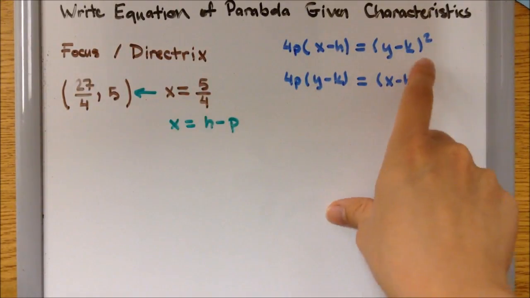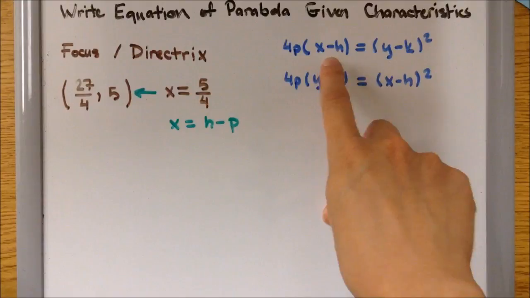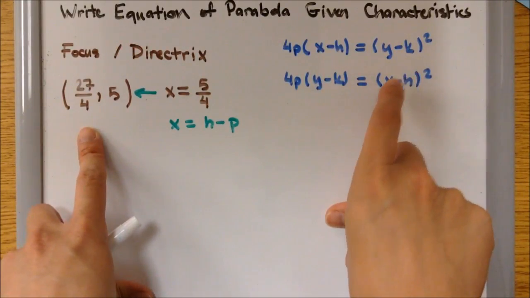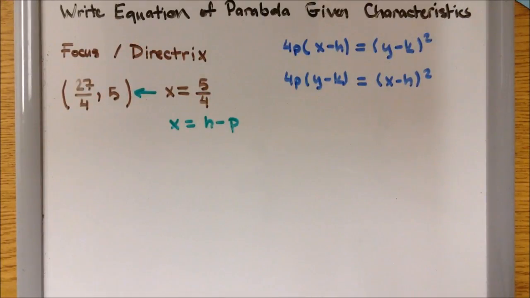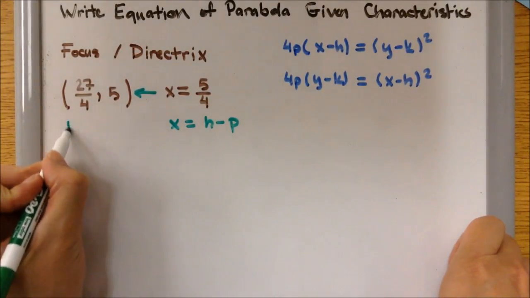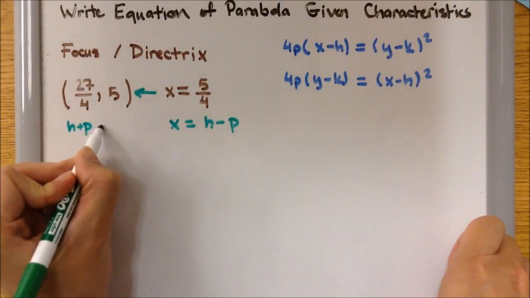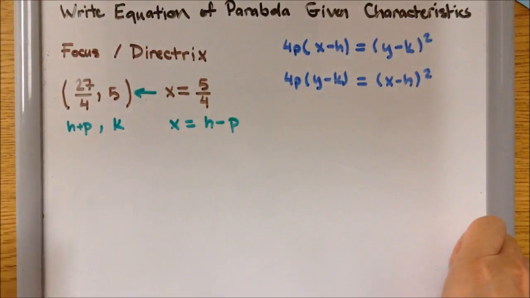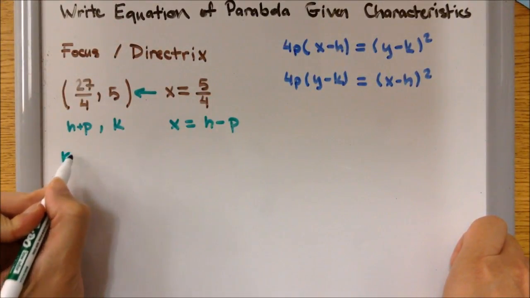Looking at the directrix helped me determine this equation, the square on the y. Then it will help me determine the formula for the focus. So for 27/4, that's actually h plus p, and then the 5 is our k value. So we know that k will be 5.